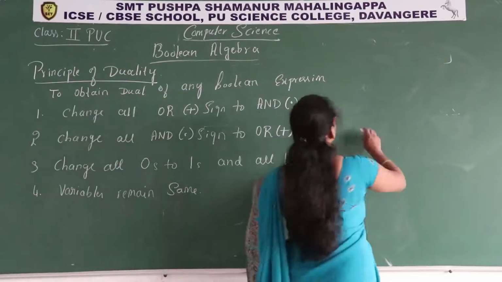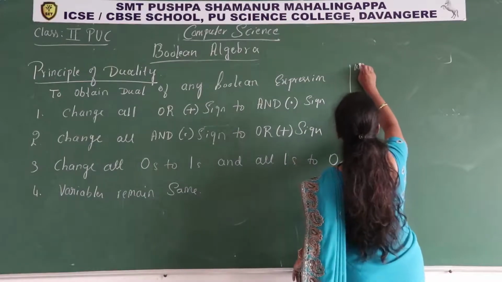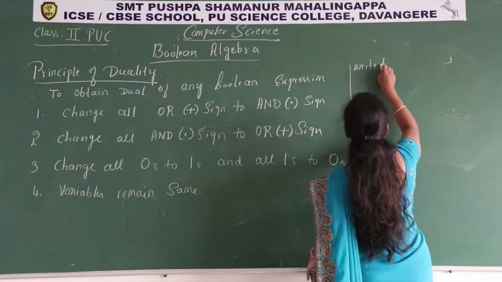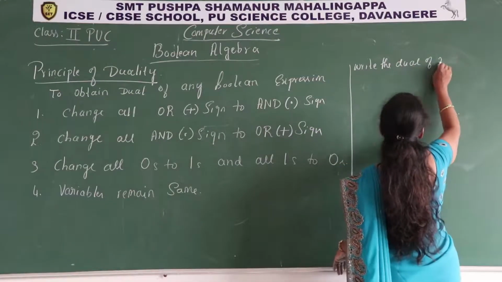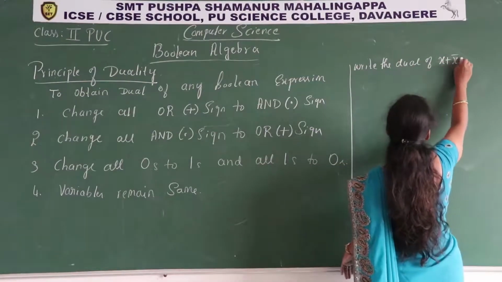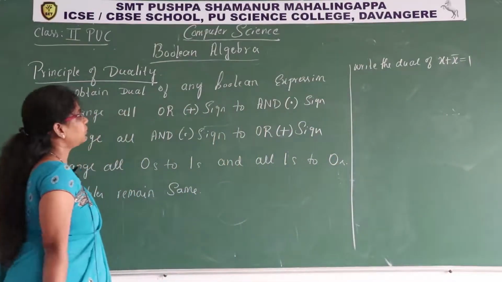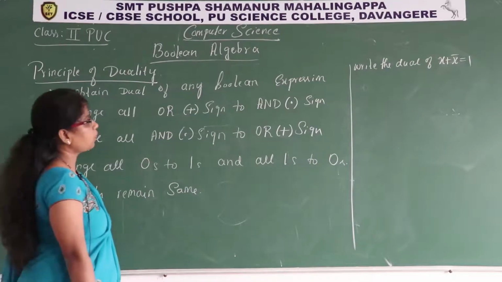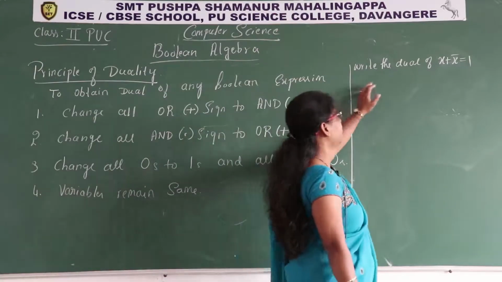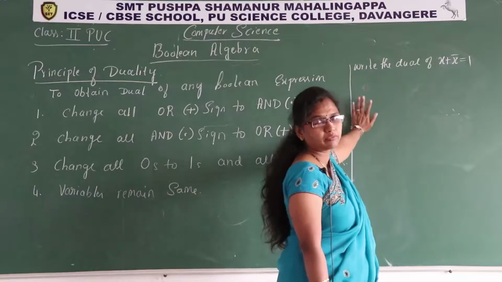Now how the question will be, write the dual of x plus x bar is equal to 1. So you have to apply the rule here. See, this is principle of duality rule, and the problems on this rule will be like this. They'll give some Boolean expression and you have to write the dual of this expression.